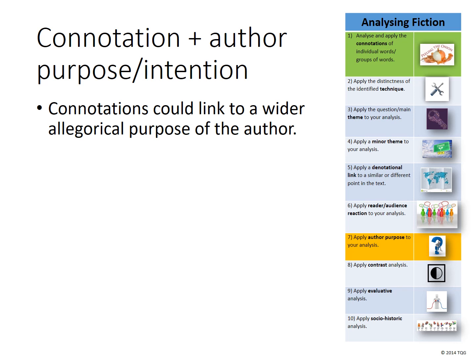The next type of analysis we can see here is connotation and author purpose or intention. So the connotations of that quotation could link to the wider allegorical purpose of the author. And this word allegorical is very important. Essentially it means a wider message or a wider purpose of the text.